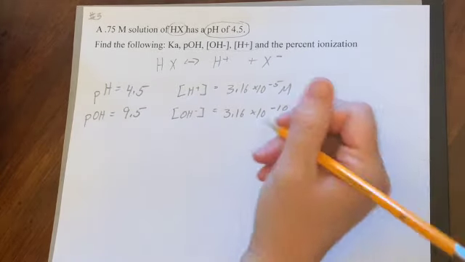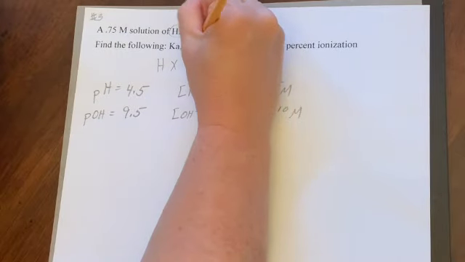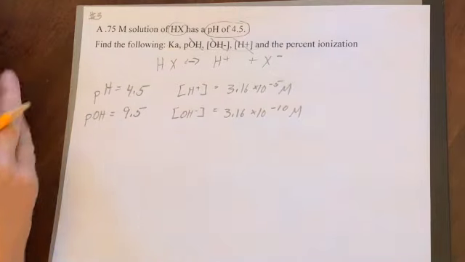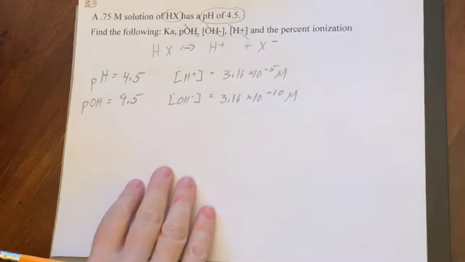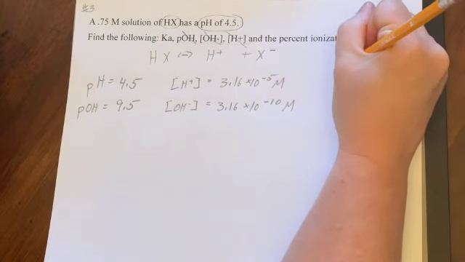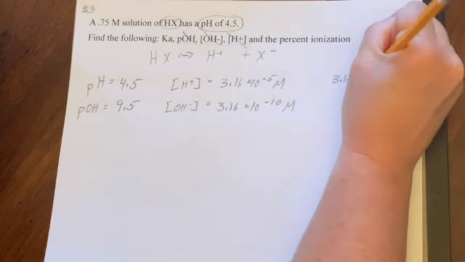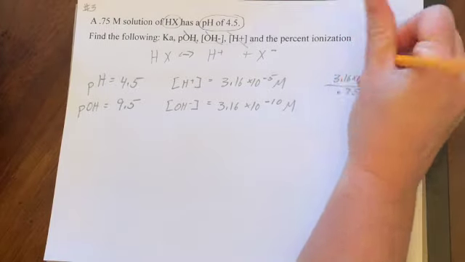Okay, so great. So far, I have figured out the pOH, the hydroxide ion and the hydrogen ion. Oh, and I can actually do the percent ionization right now as well. So let's go on ahead and do that. For my percent ionization, I'm just going to take my 3.16 times 10 to the negative 5th. I'm going to divide that by my original 0.75.